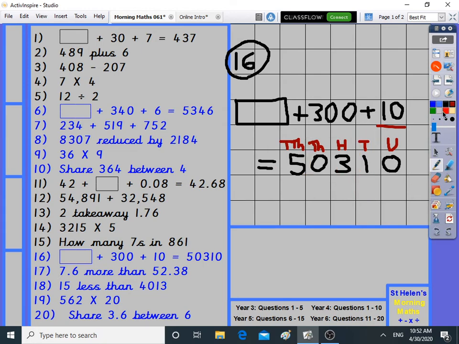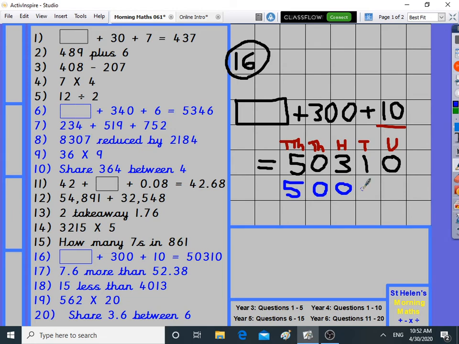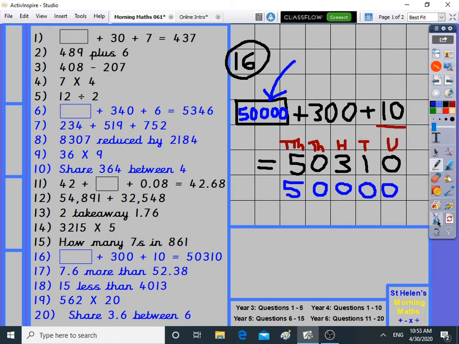Or, if I want to know what it's worth in digits, I could copy it underneath and place zeros to the end, and you can see it's worth 5 10,000s, which is 50,000. Even if you don't know how to say that number, you can still write it, and it is 50,000 in there. 50,000 plus 300 plus 10 equals 50,310. So that's what needs to go in the missing box, 50,000.